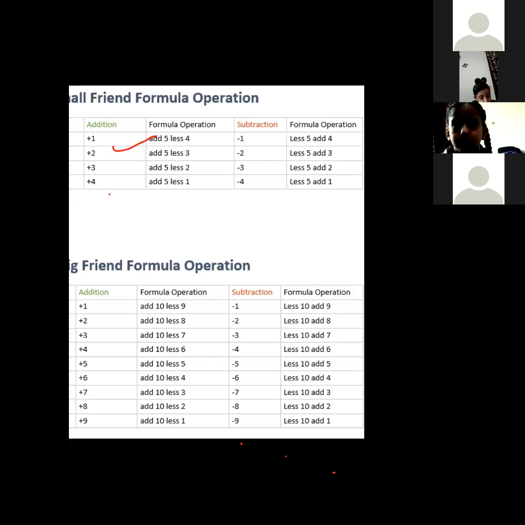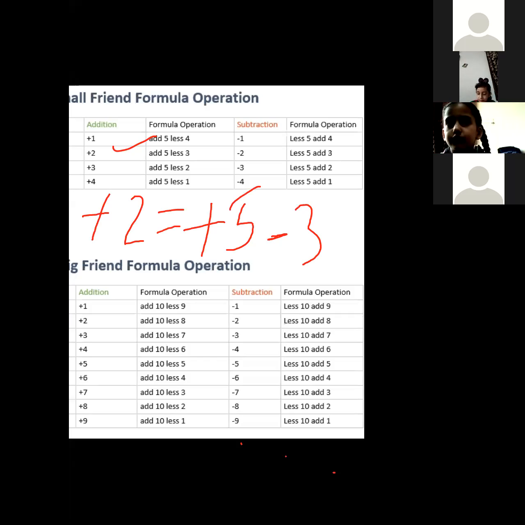This is +2 equal to, add means +5, less means -3. Even on your fingers, when you calculate 5 -3, you get 2. So remember, the formula of +2 is equal to +5 -3. Next we will go.